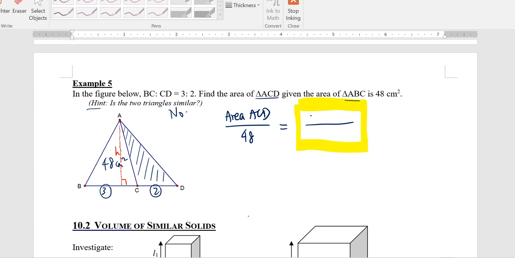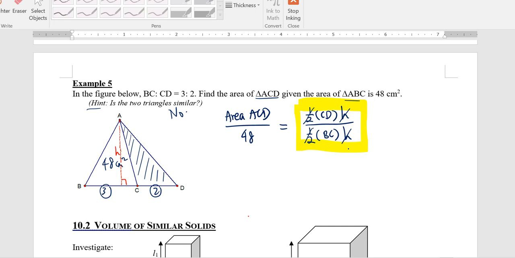So area ACD, I can write as half times base CD times the shared height H. And 48 cm squared, in the most manual way, I can write as half times base BC times this common height H. Now, if you notice how the H is common, we can divide half from both the numerator and the denominator, and H from the numerator and the denominator.